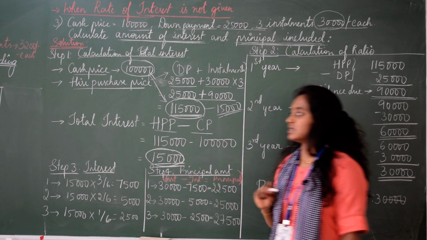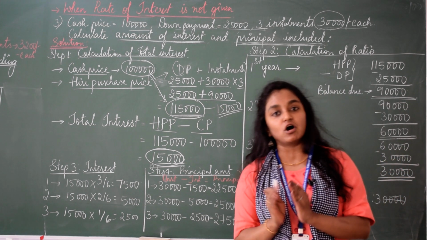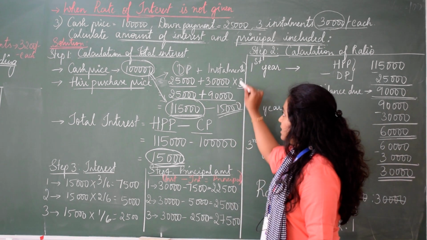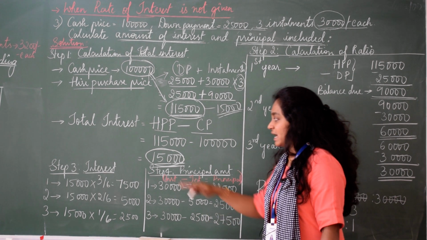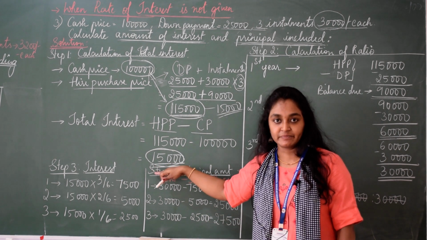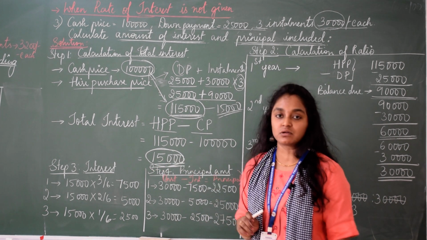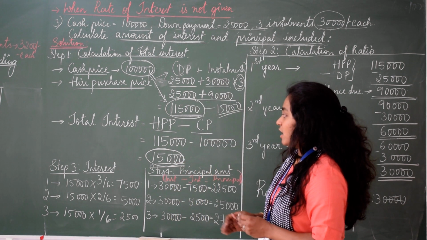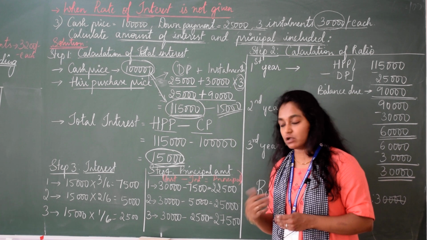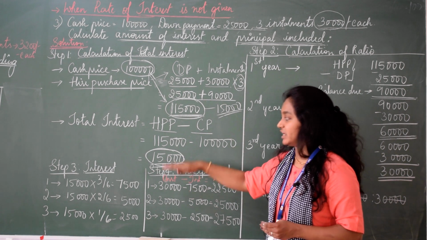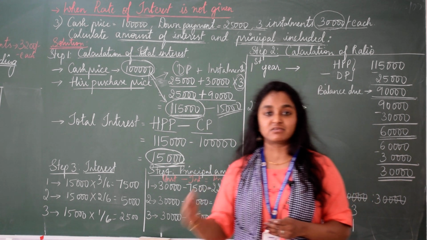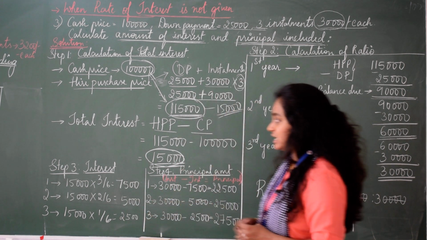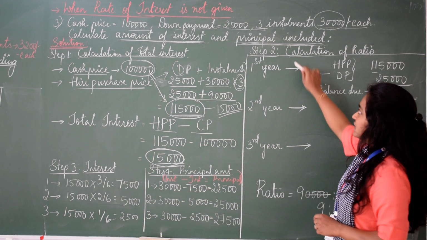This becomes the total interest on all the installments, that is, on these 3 installments you are paying an interest of 15,000. So with the first step we got to know the total interest we are paying overall for this agreement. In the further steps we will also get to know how this 15,000 is allocated across 3 different levels. For that, let's go to the next step, that is step 2.